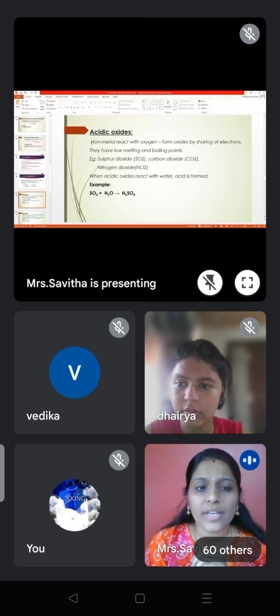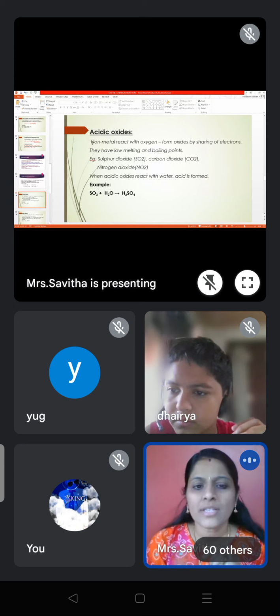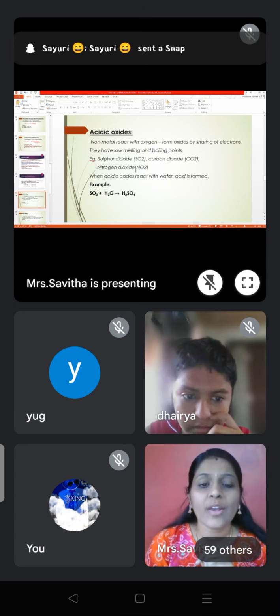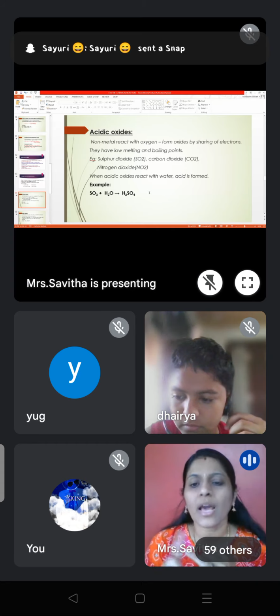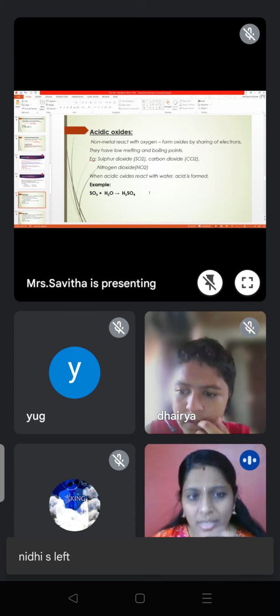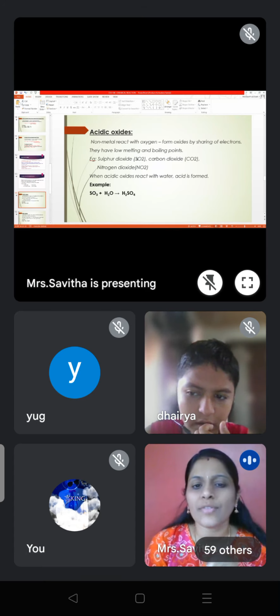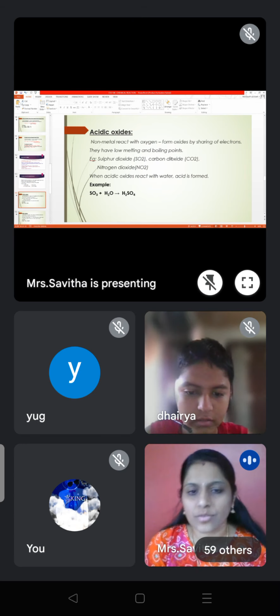The keyword is non-metal. See, if you see the example, S, C, N, they all are non-metals. Sulfur is a non-metal, carbon is a non-metal, nitrogen is a non-metal. So these non-metals react with oxygen.